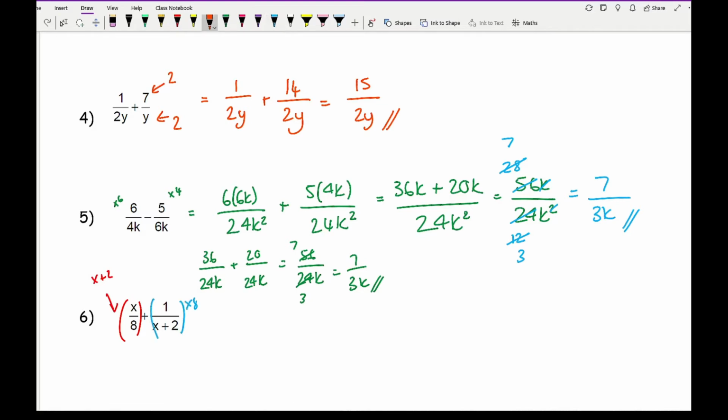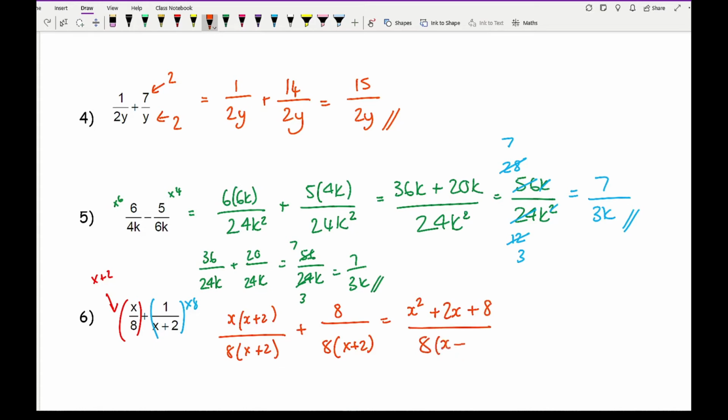So looking at the top one, I'm going to have x, and I'm going to have x plus 2 over 8x plus 2, plus, and then I'm going to have 8 over 8x plus 2, and then multiplying out the top, I get x squared plus 2x plus 8 over 8x plus 2.